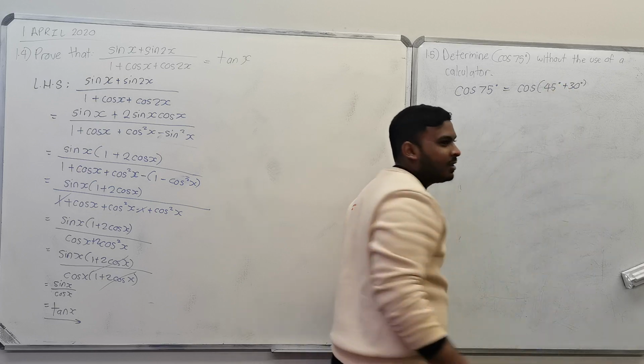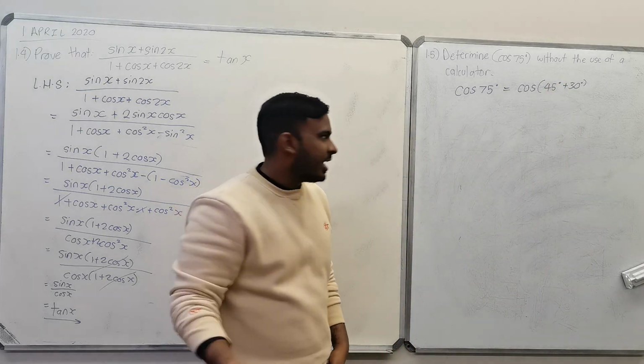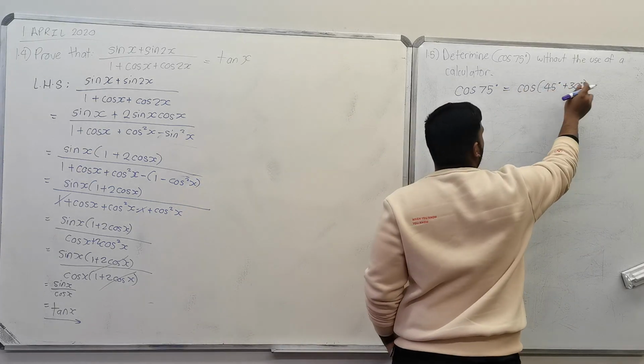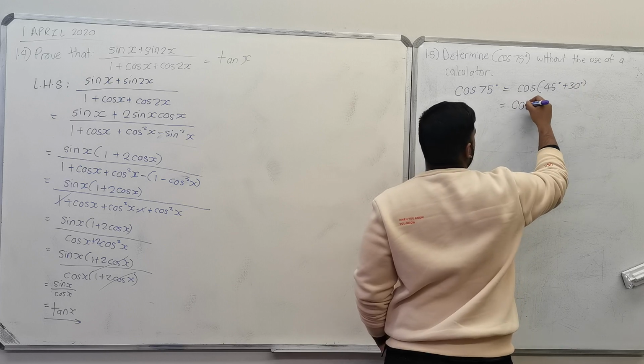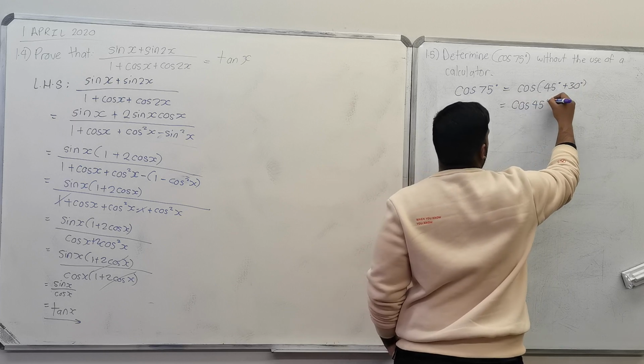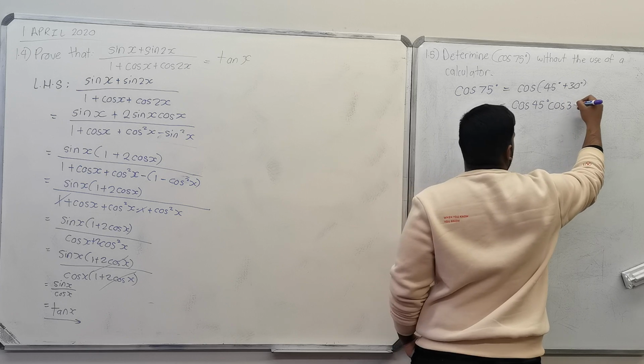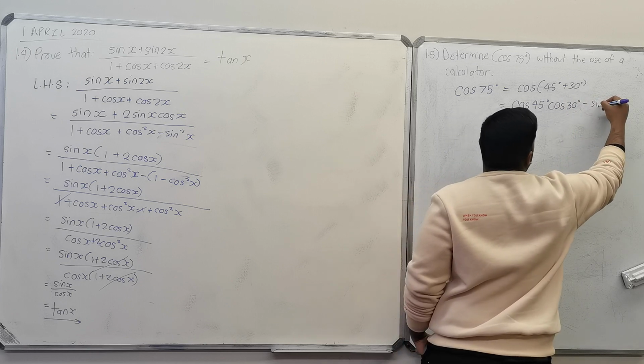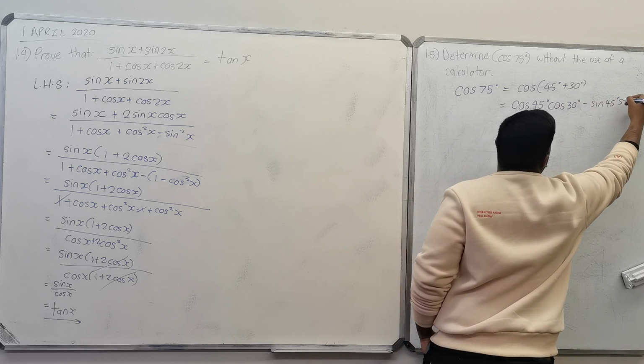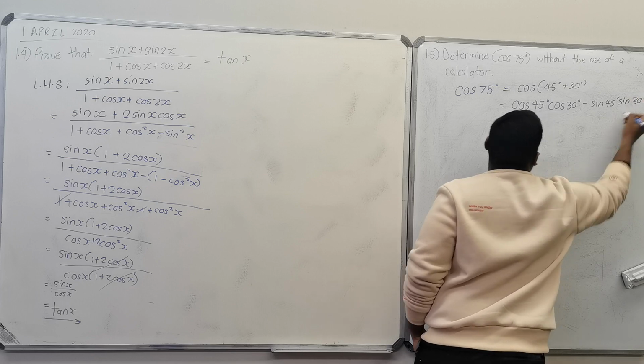What is this? Compound angles, exactly. Cos of A plus B. So this will be cos 45 cos 30 minus sin 45 sin 30.